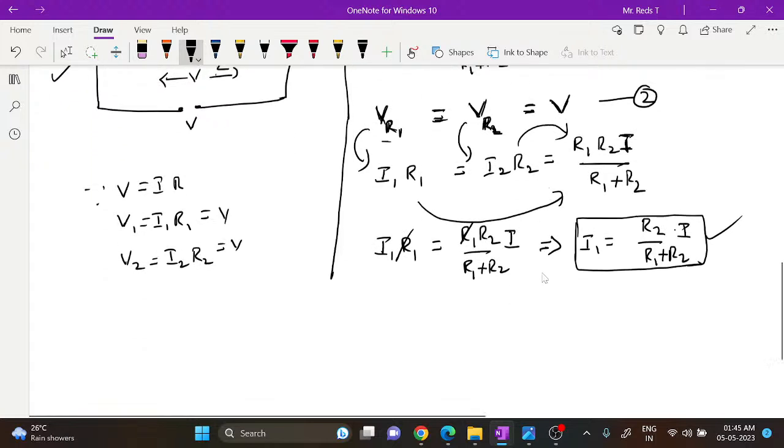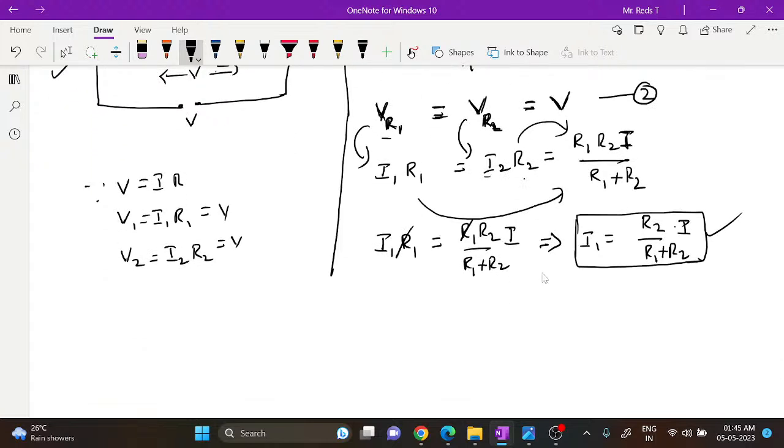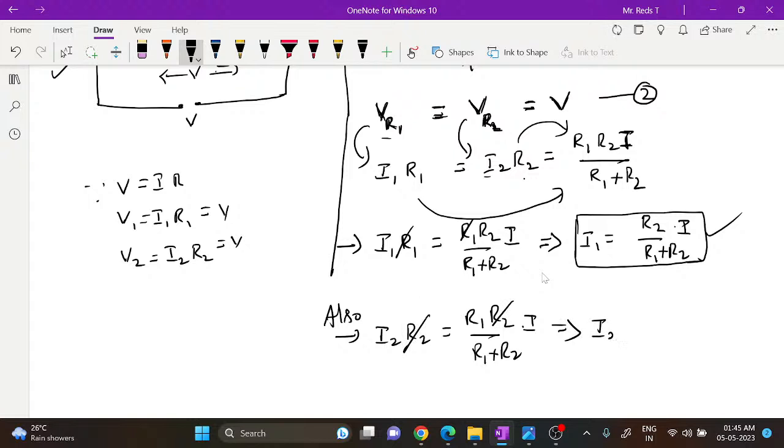that gives I1. Similarly, if you equate I2 R2 equal to V, you can also write that I2 R2 is equal to R1 R2 by R1 plus R2 into I. This implies R2 and R2 will cancel. Now this gives rise to I2 is equal to R1 by the total resistance R1 plus R2 into I, where I is the total current in the circuit.